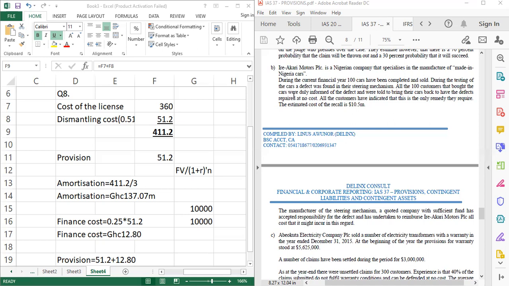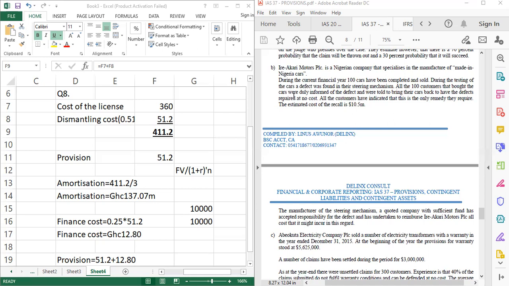So this one is a contingent asset, money that you are receiving, isn't it? But you can only make provision to the extent of the amount that you are sure you are going to spend on the repairs. Because they say that any amount that you spend, they will give it back to you. So if you are sure that you are going to spend 10.5 million for all the cars, then you can make an insurance claim, or you can also recognize what?